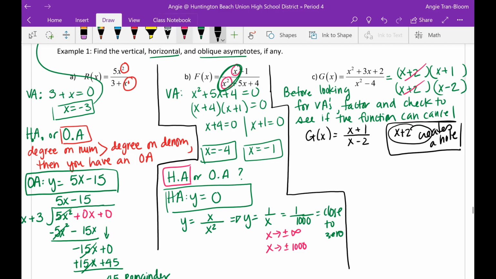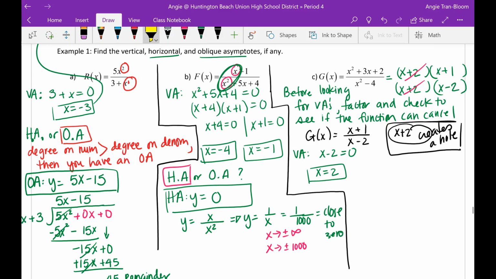Because we reduced, there's only one denominator now, which is x minus 2 equals 0. So the only applicable VA is x equals positive 2 once you're done solving. And yes, you do use the reduced function to find the VA and all asymptotes really.